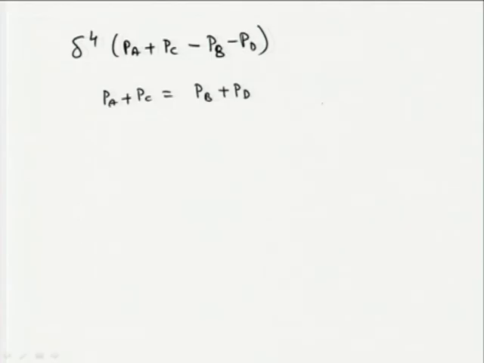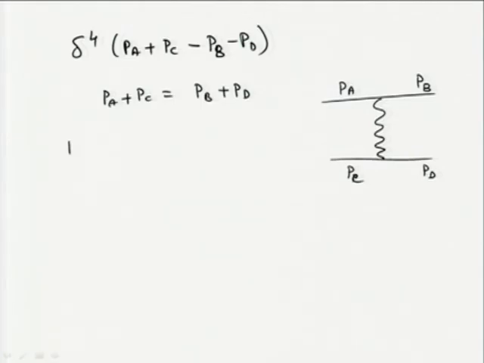What is Pa? It is essentially the initial momentum of one particle, and Pc is the initial momentum of the other particle. So, if I write it in components, these are 4-momenta.